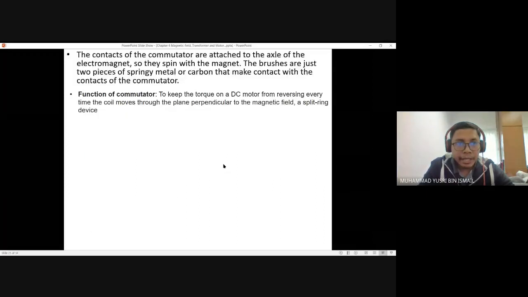The contacts of the commutator are attached to the axle of the electromagnet, so they spin with the magnet. Okay, so itulah tujuan dia, untuk spinkan magnet tu. The brushes are just two pieces of springy metal or carbon that make contact with the contacts of the commutator.